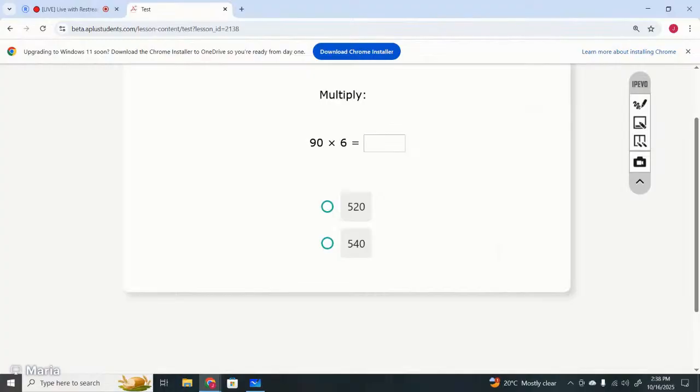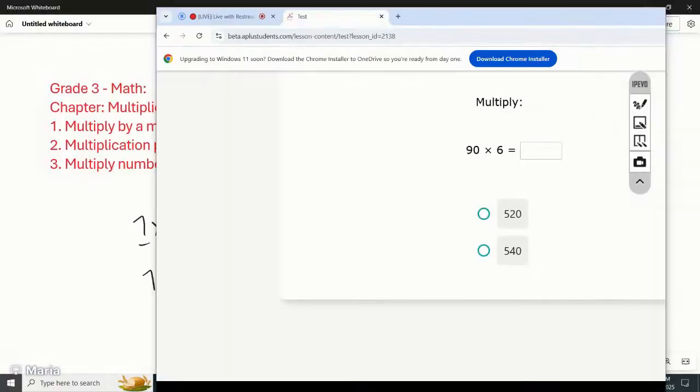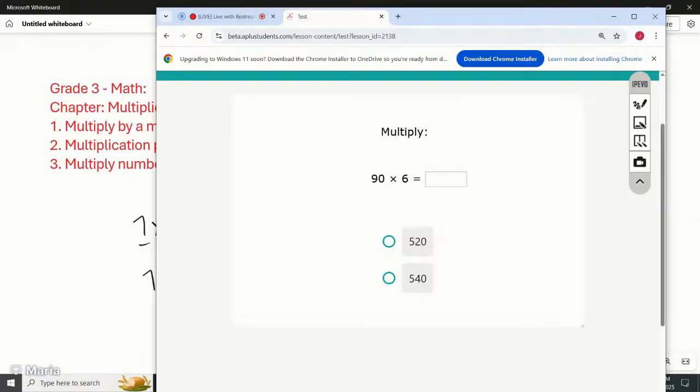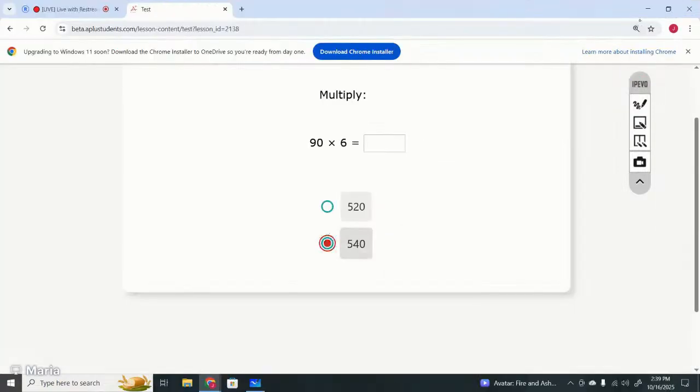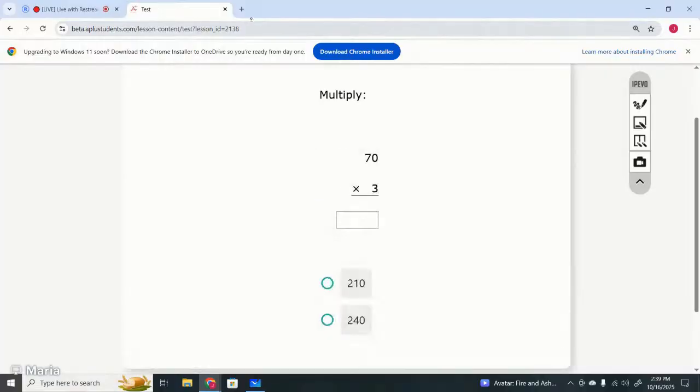90 times 6. 6 times 9 is 54. So 540 is the correct. 70 times 3.